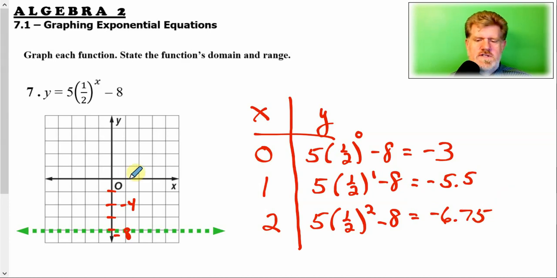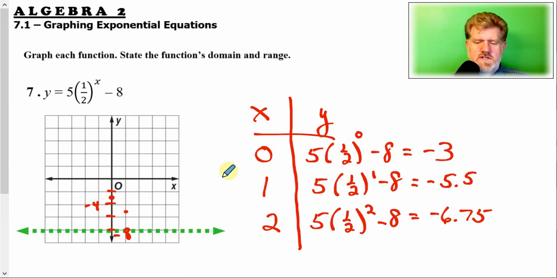So let's graph 0, negative 3. This would be 2, be right here. 1, negative 5.5. 4, 5, right about there. In fact, let me take this and move it. Whoops, that's connected. Won't be able to. Let me put this out of the way and put the negative 4 over here. Okay. I'll try that point again. So 2, 4, 5 and a half.